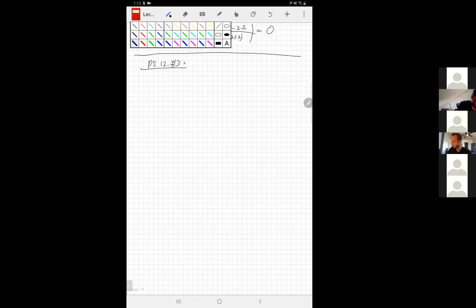So if we guess that x is some amplitude A e to the i omega_d t, where d means driving force, then m d squared x by dt squared plus beta dx/dt plus kx must be F naught e to the i driving frequency t.